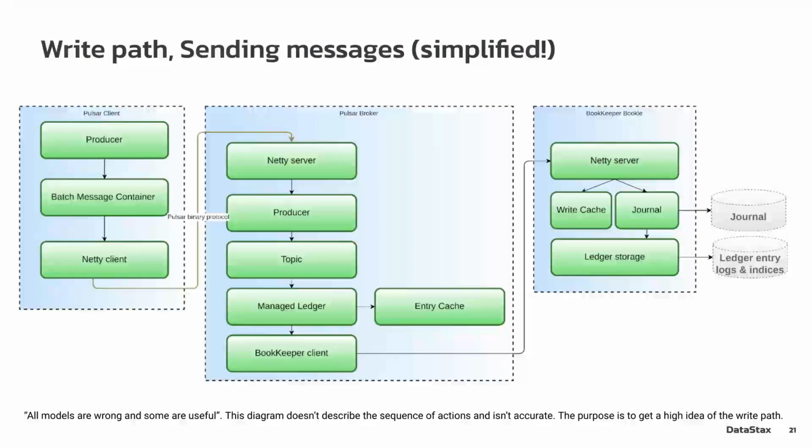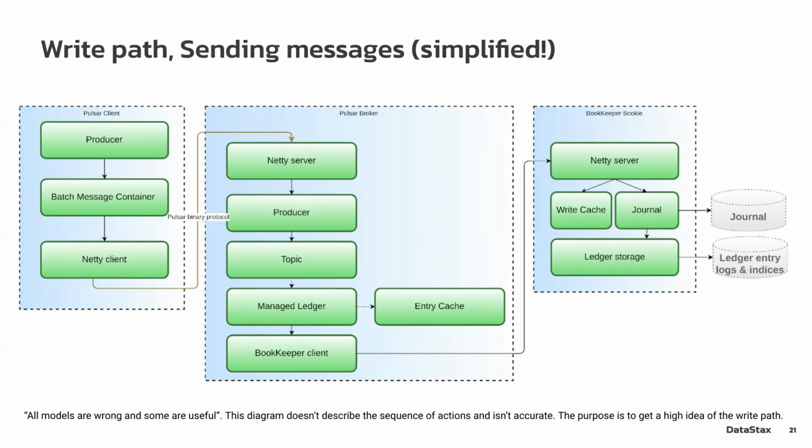On the write path, everything starts in the Pulsar client, and the Pulsar client has a producer that puts these messages first into a batch message container. Pulsar does batching by default, and it uses a Netty framework in its network operations.